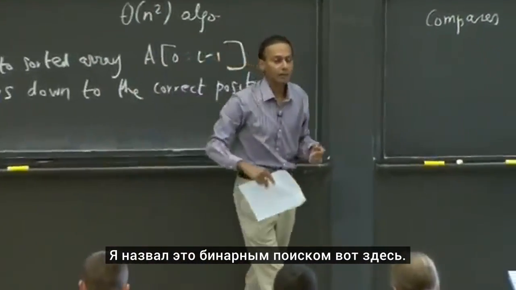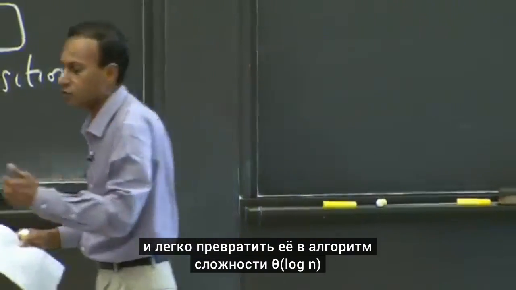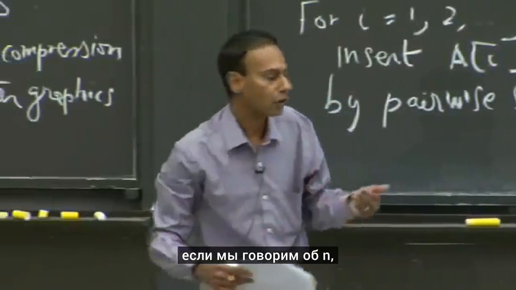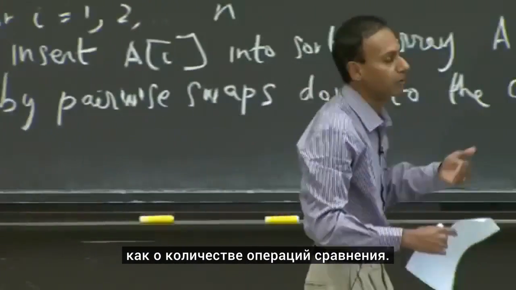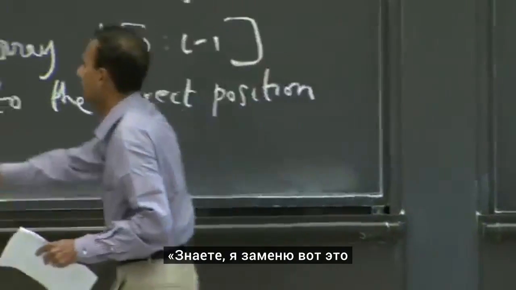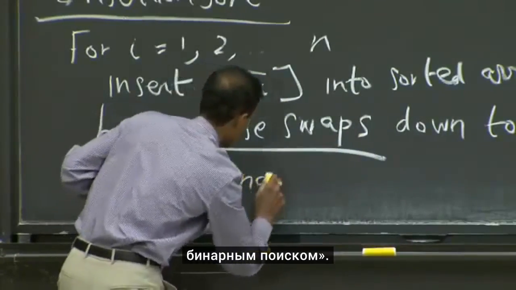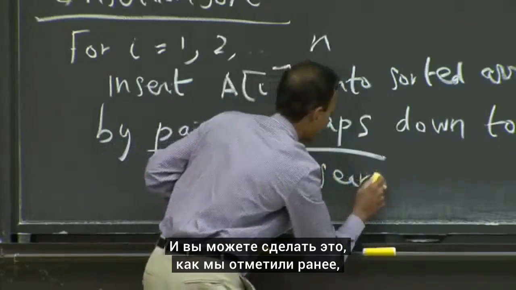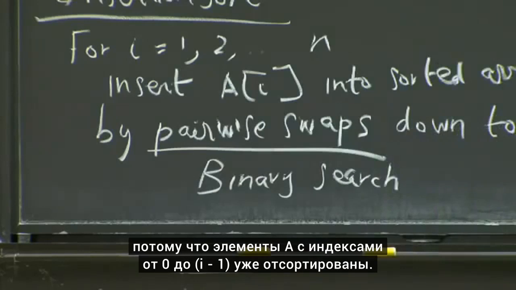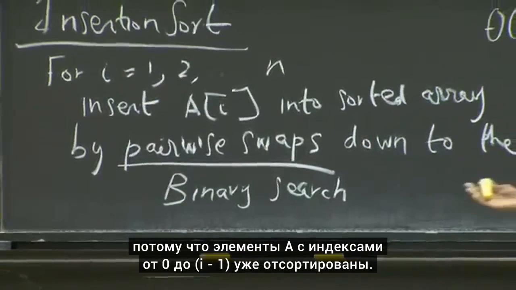Okay, and so you can take insertion sort and trivially turn it into a theta n log n algorithm if you're talking about n being the number of compares. All you have to do is say, you know what, I'm going to replace this with binary search. And you can do that, and that was the key observation, because a of 0 through I minus 1 is already sorted, right?